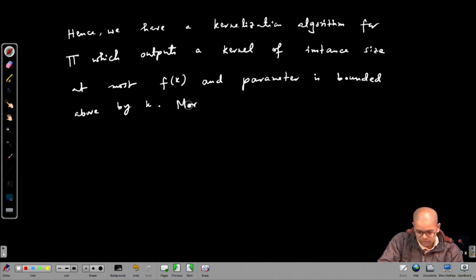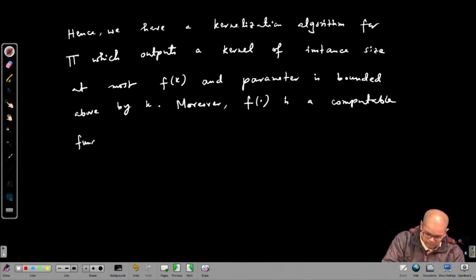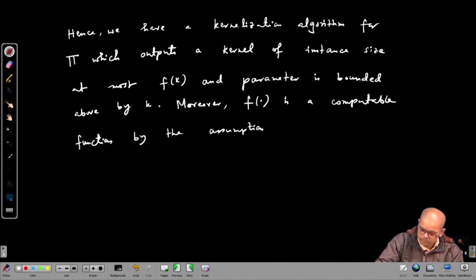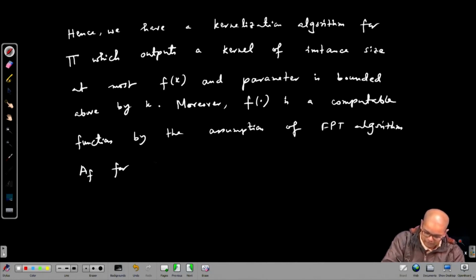Moreover, f is a computable function by the assumption of FPT algorithm AF for pi. Okay. So this concludes the proof.